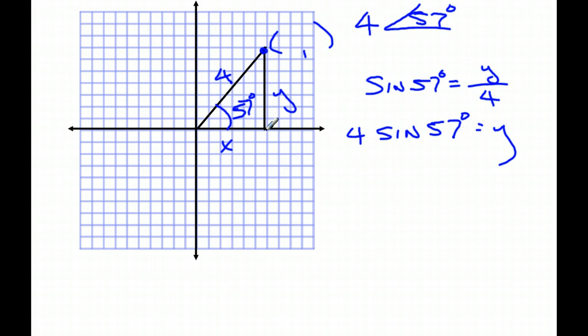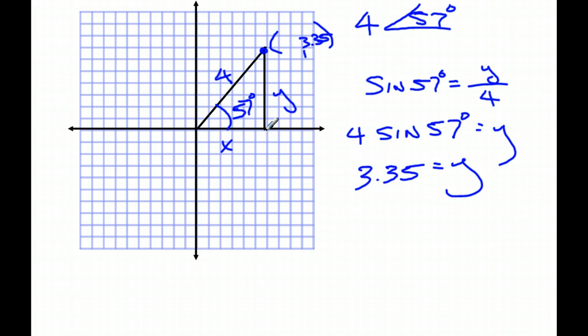You guys understand that 4 sine of 57 degrees means 4 times whatever the sine of 57 degrees is? That's all we're doing. Taking the sine of 57 degrees, Kendra, and multiplying it by 4. I saw you had a calculator, so I'm just waiting. 3.35. Okay, so 3.35 equals y.